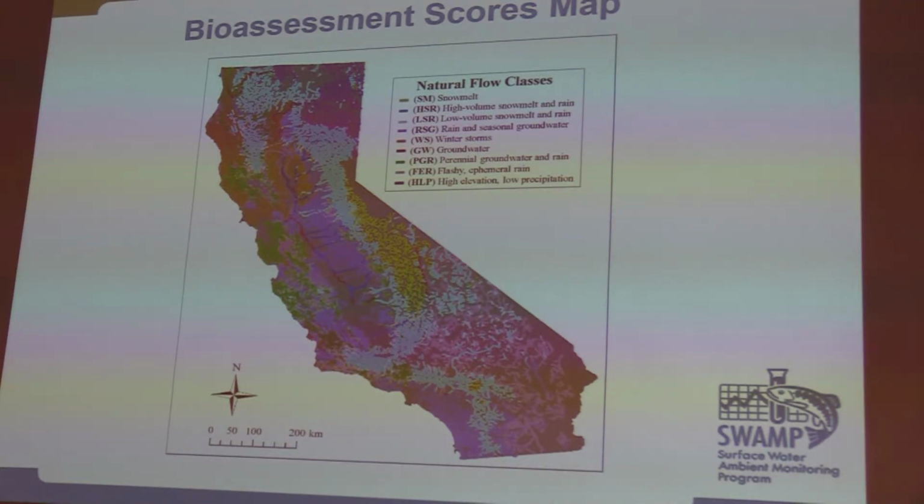SWRCB and UC Davis recently completed a hydrologic classification of all streams in the state. And here are the 9 different classes that came out of this project. The classification system was developed to support a statewide effort to define environmental flow targets associated with maintaining healthy in-stream biological communities, and a scientific paper is in the works.